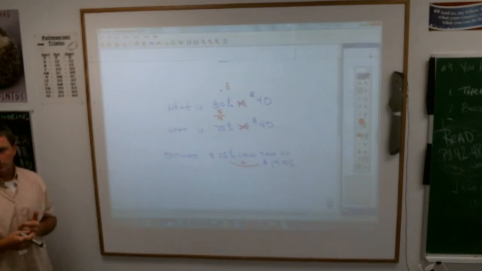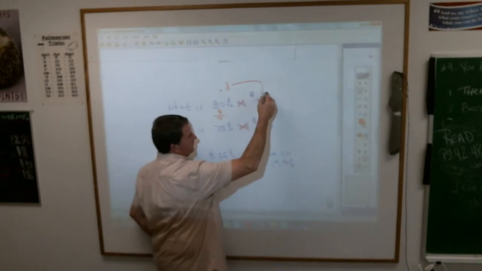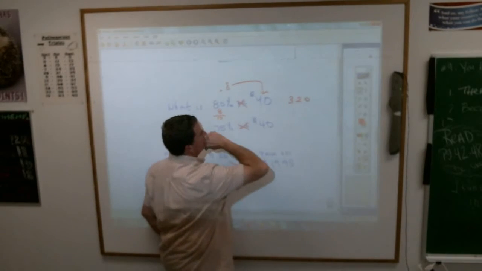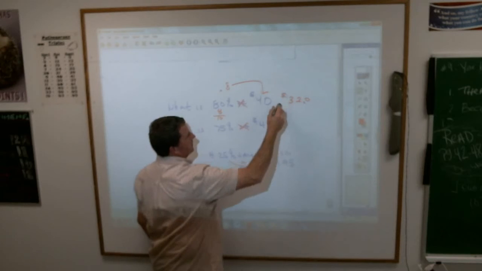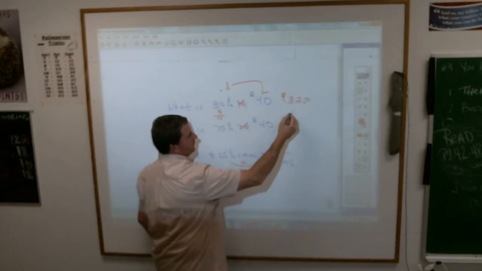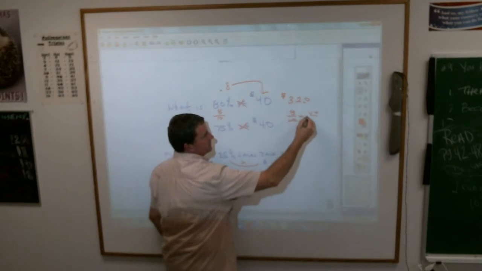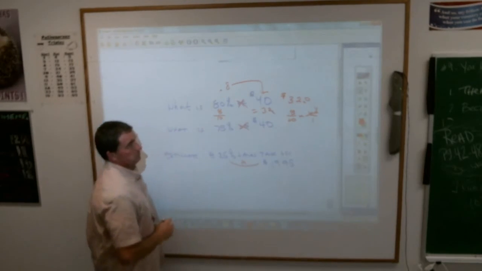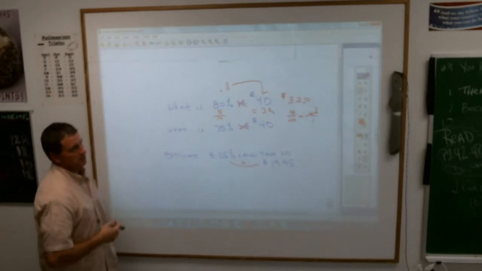But let's just look at what would be 0.8 times 40. You probably can do that in your head. 8 times 40 is 320, right? Move the decimal back 1 place. It's $32. 8/10 times 40, if you're good at cross canceling, it's pretty simple too, because 10 goes into 40 that many times, and you get $32. Which one is easier? I don't know. To me, that's kind of a toss-up here.